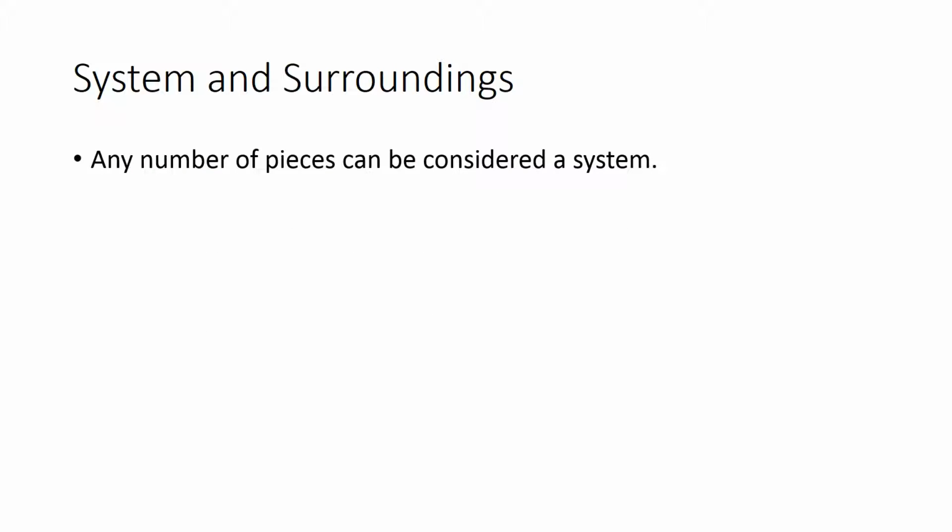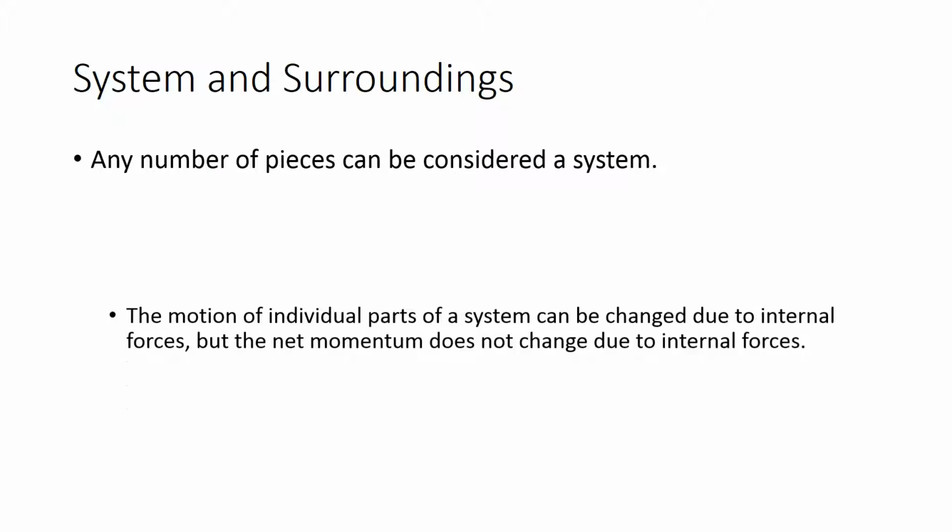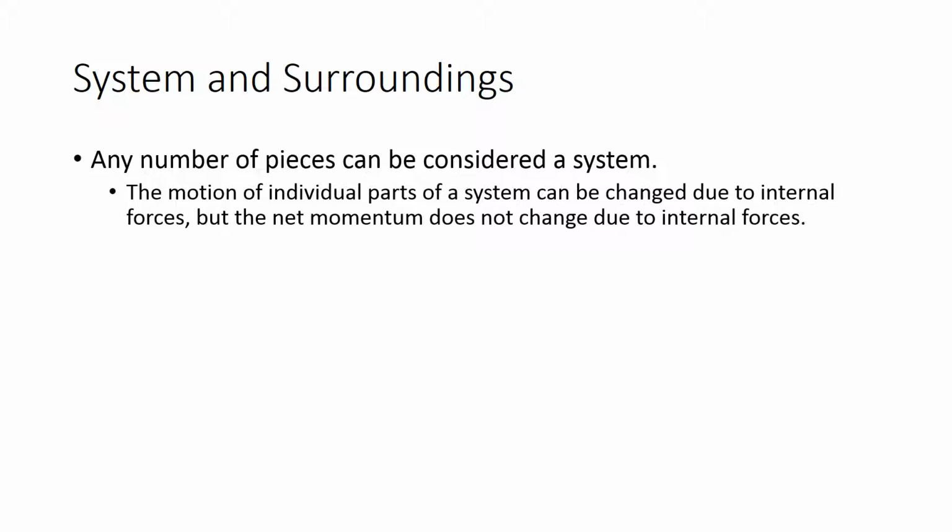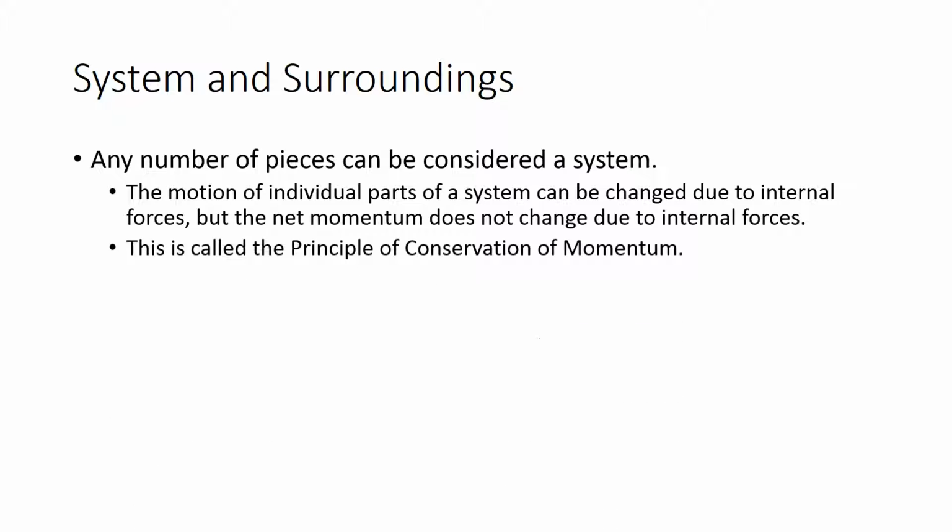Any number of pieces can be considered a system, and the motion of individual parts of a system can be changed due to internal forces, but the net momentum can only change if you have an external force. And this is called the principle of conservation of momentum.